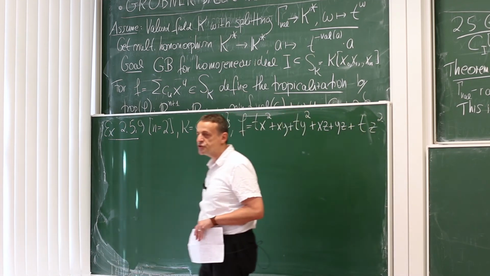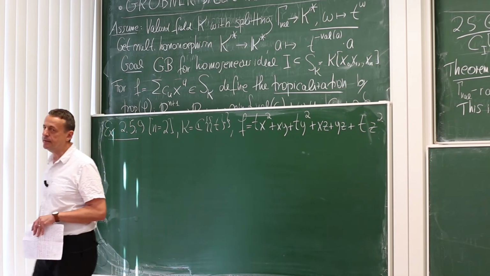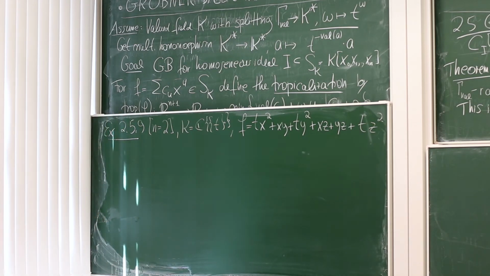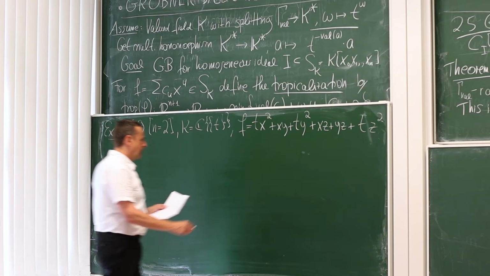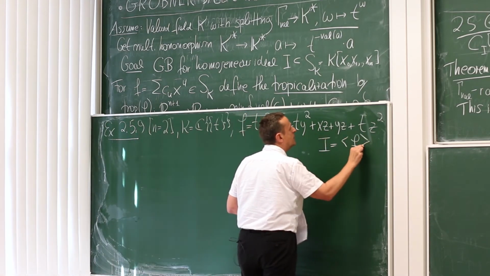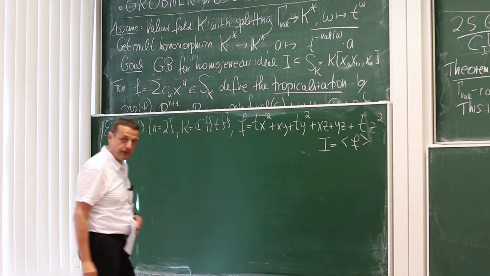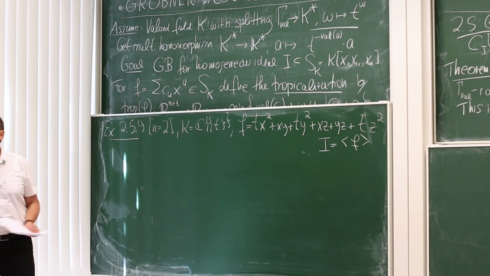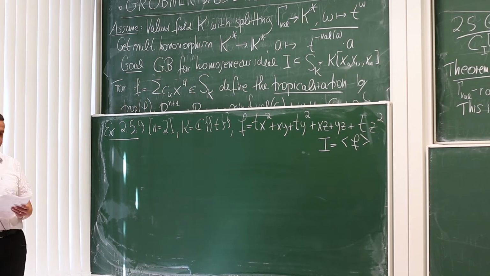So it's a homogeneous quadratic in 3, that is to say n plus 1 variables, and the ideal is simply the principal ideal generated by f. So the variety is a conic in the projective plane.